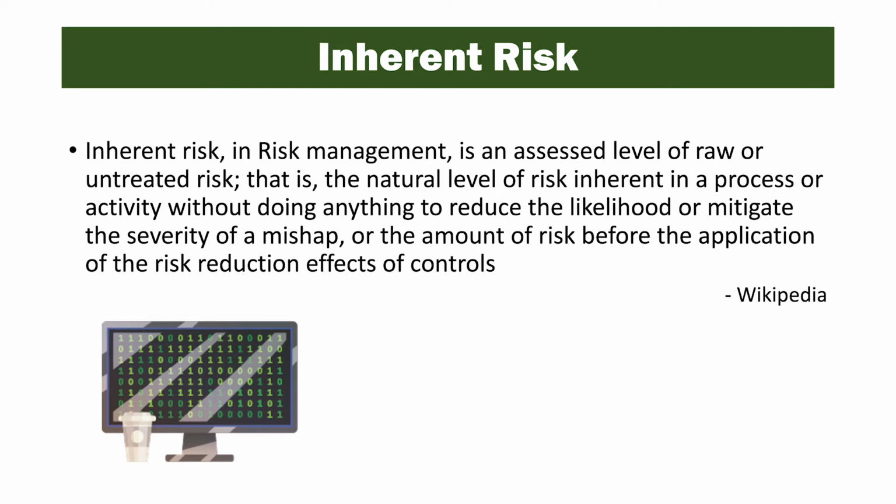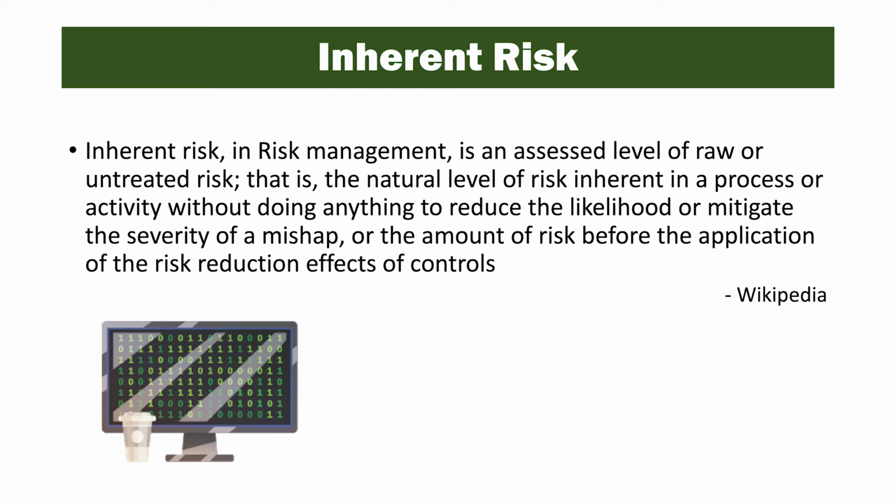Inherent risk, for example. Inherent risk in risk management is an assessed level of raw or untreated risk that is the natural level of risk inherent to a process or activity without doing anything to reduce the likelihood or mitigate the severity of the mishap, or the amount of risk before the application of the risk reduction efforts of controls.